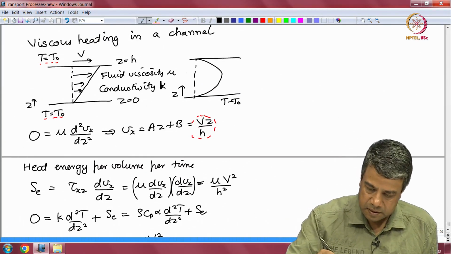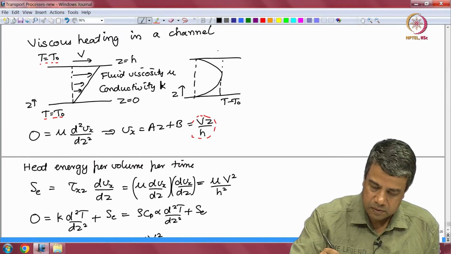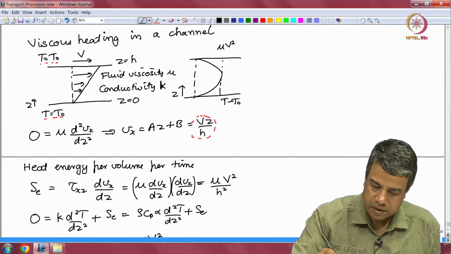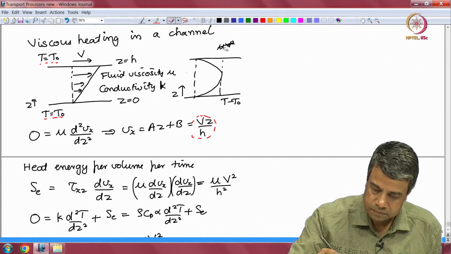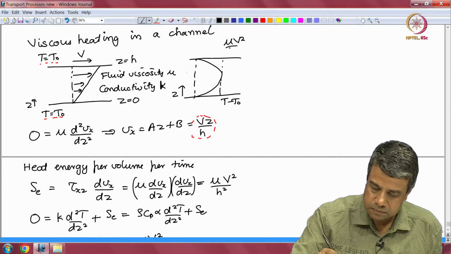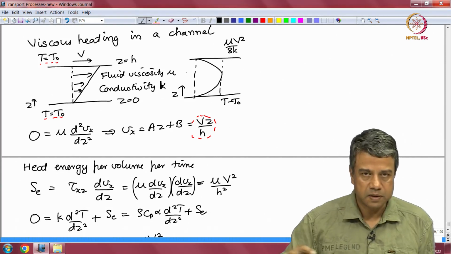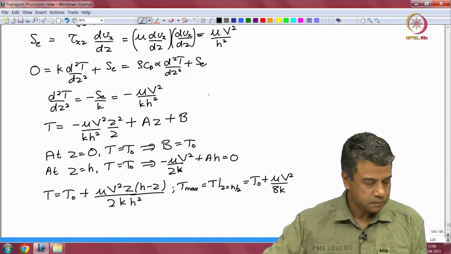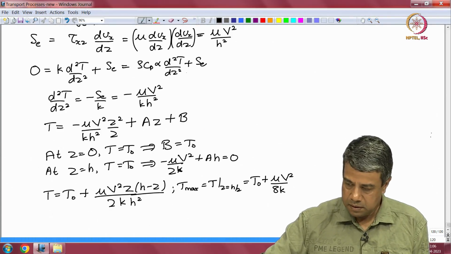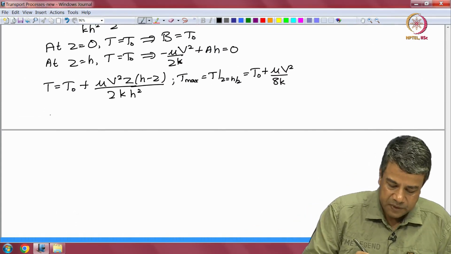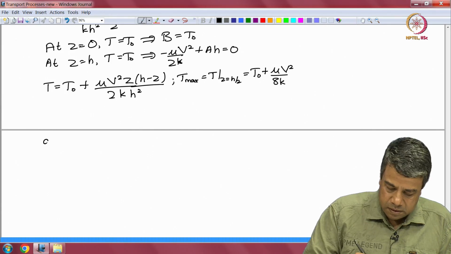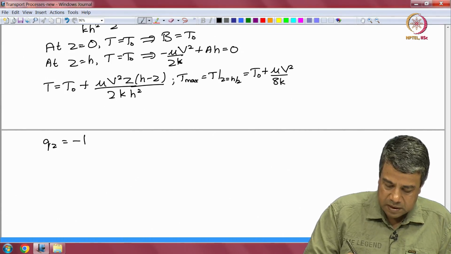So, that is the temperature. Now, we can calculate the heat flux. q z is equal to minus k partial T by partial z.